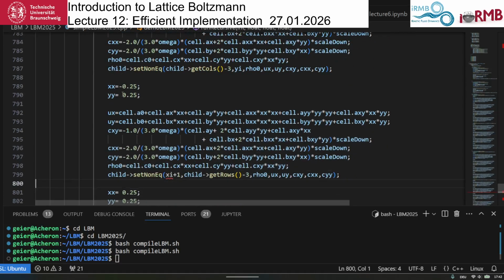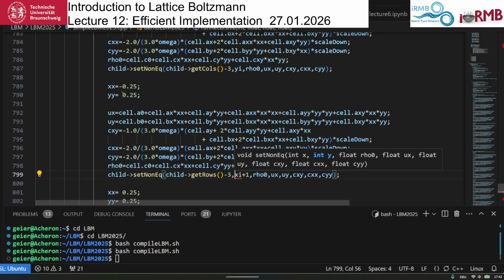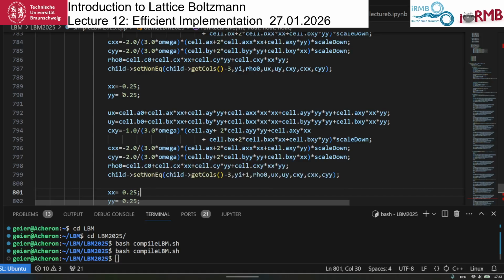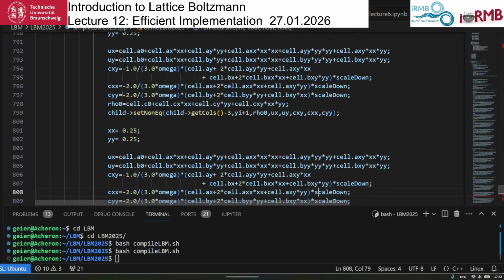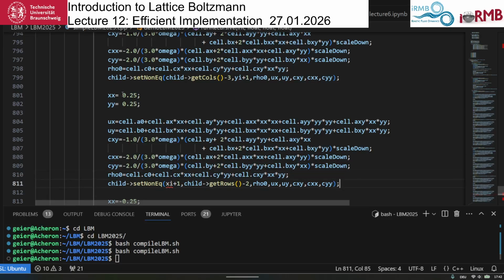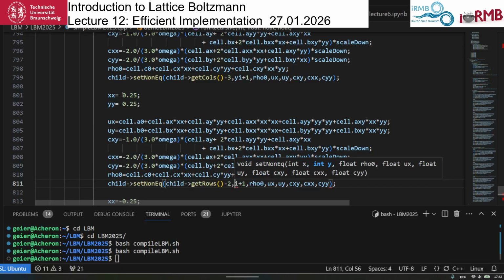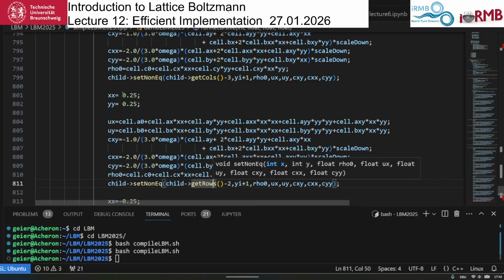Oh my God, what a pressure. Because I spent a lot of debugging for my cheat sheet. So here, and cos.